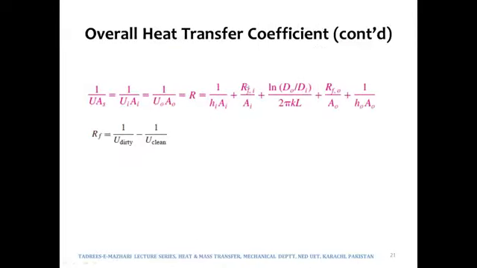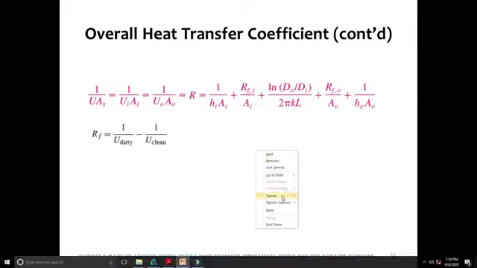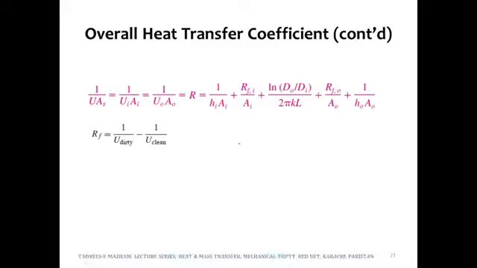However, if we have fouling, then we would have those three resistances, 1, 2, 3 as usual, which we had seen on the previous page. In addition to those three resistances, this fourth resistance, which is the fouling resistance on the inner surface, and this fifth resistance, which is the fouling resistance on the outer surface, will get added up, thereby reducing the heat transfer.